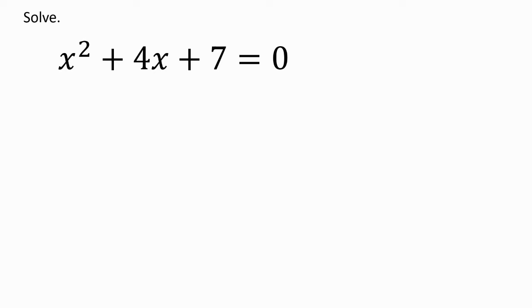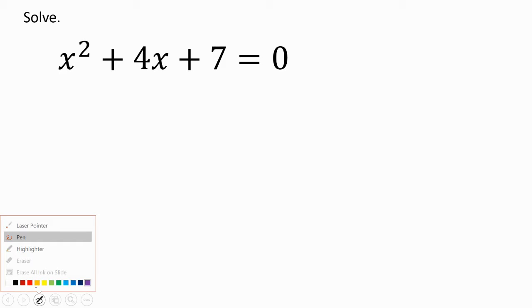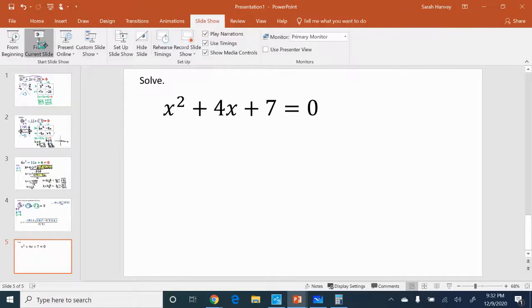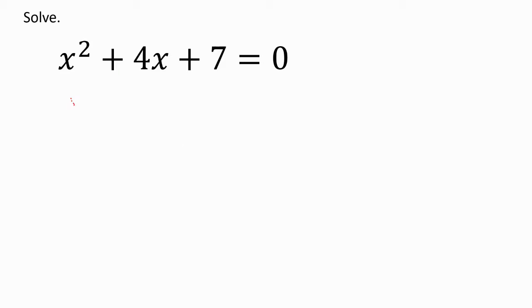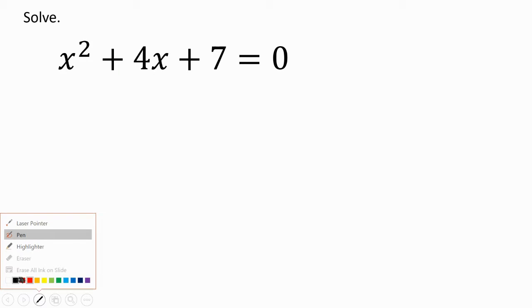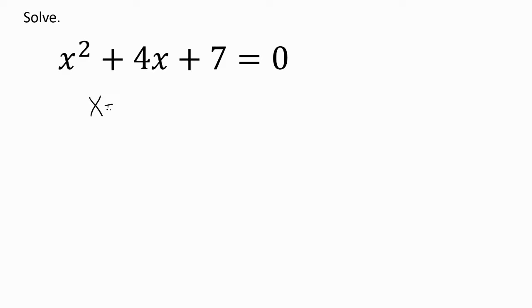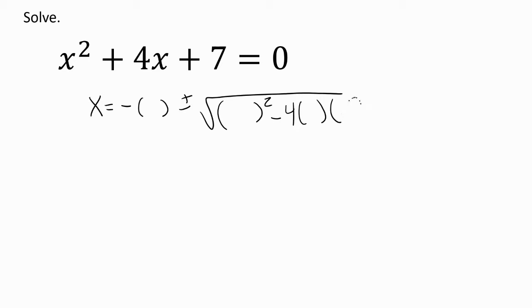So another plan we're going to do is we're going to use the quadratic formula. And so I would always write the quadratic formula, and that is without the a, b's, and c's. So I'm going to put x equals negative parentheses plus or minus square root all over 2 parentheses.